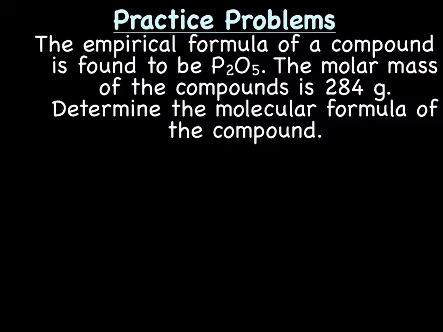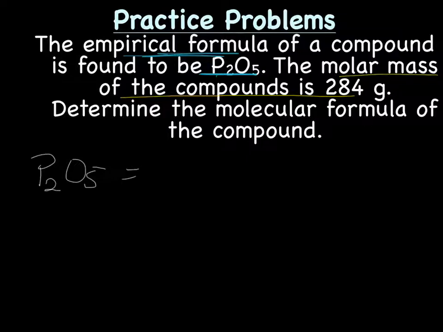All right, so far we know the empirical formula and we know the molar mass of the compound, which we'll need later. We use the empirical formula, P2O5, to get the molar mass of the empirical formula, which you get using the periodic table, and I came up with 141.94 grams.